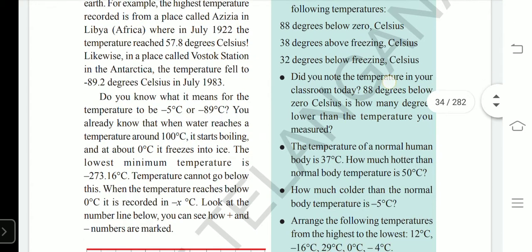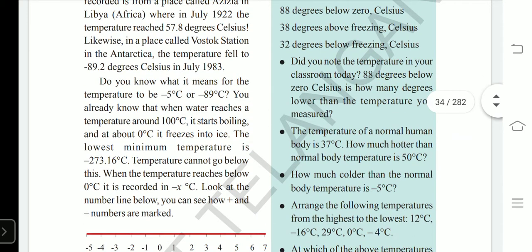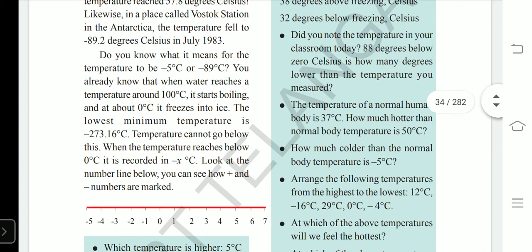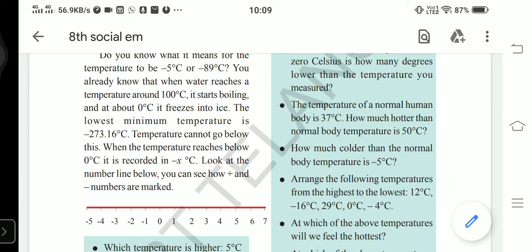Another point we have seen: at 100 degrees centigrade, water starts boiling. Then it turns to water vapor, which is a gas, right? Again, at 0 degrees centigrade, water starts to freeze. That is called ice, right?